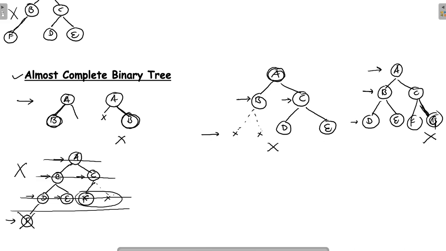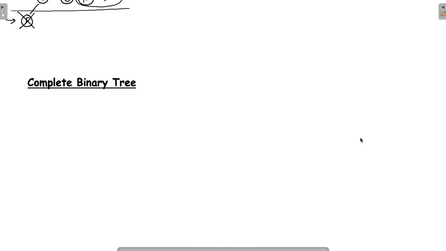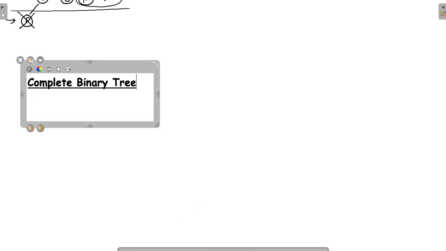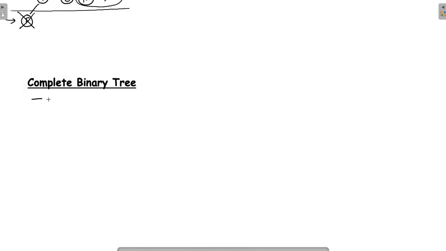Now let us discuss another type, that is complete binary tree. So complete binary tree means it should not be with a missing children. Missing children not allowed. So what does it mean?